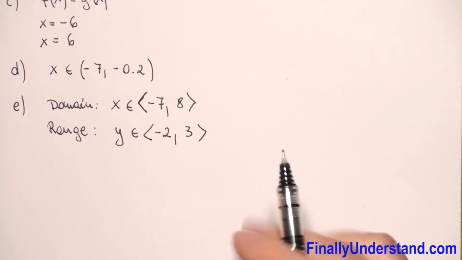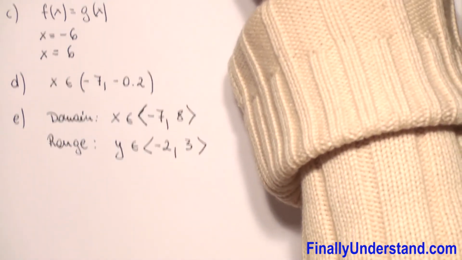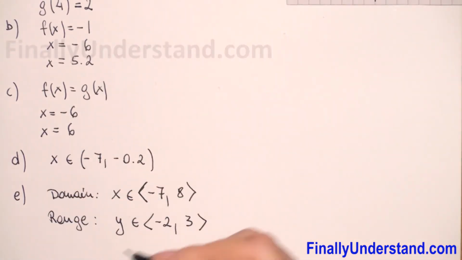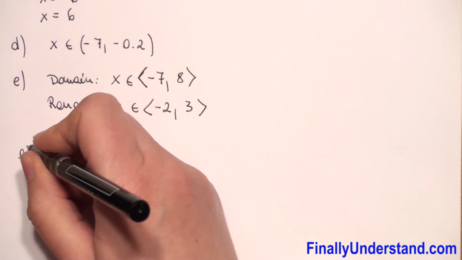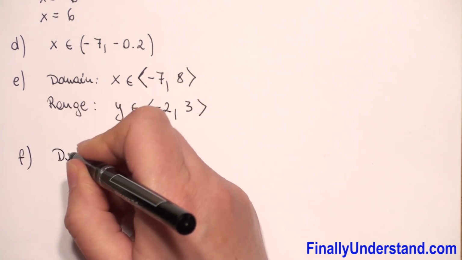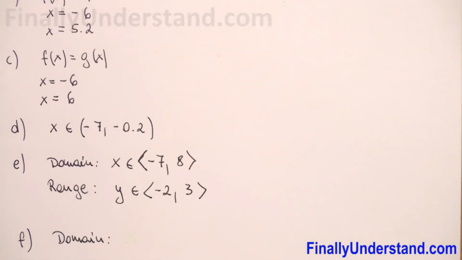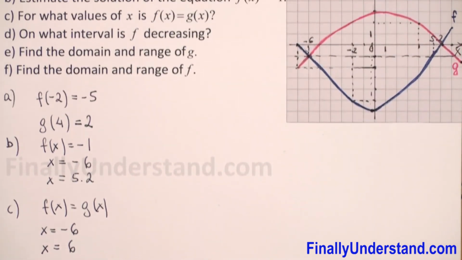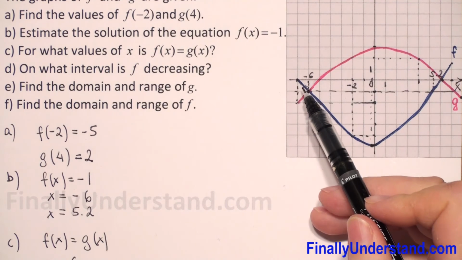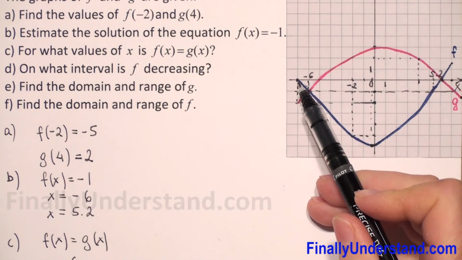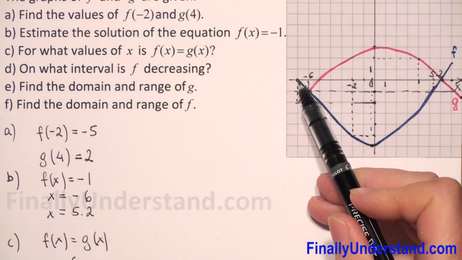Now we have to find the domain and the range for the f function. So let me write this. We have the f question, the domain. When we are looking for the domain, we have to just walk on the x-axis, and we see our f function starts from that point.